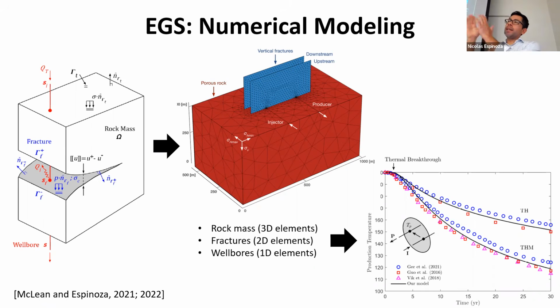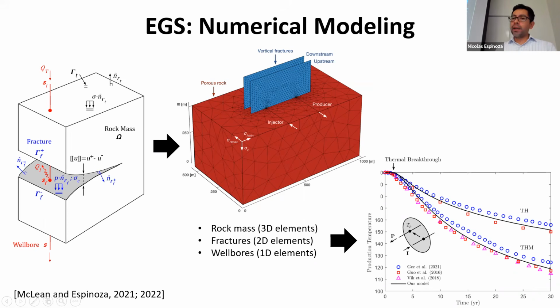If you were to imagine that that fracture doesn't deform, and that stays with the same shape throughout the entire life of the reservoir, you will get this solution, which is called just the thermohydro solution, no mechanics. So, of course, the working fluid temperature is going to decrease as a function of time, the same thing as in a wellbore in a closed loop. And this is what you would predict if the fracture doesn't deform.